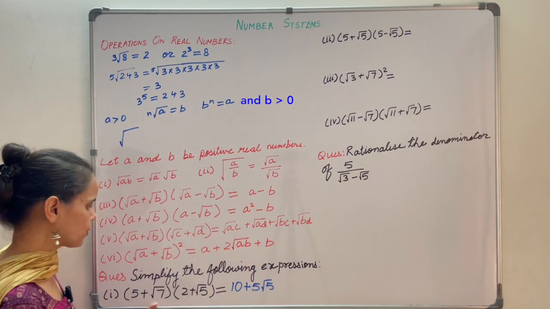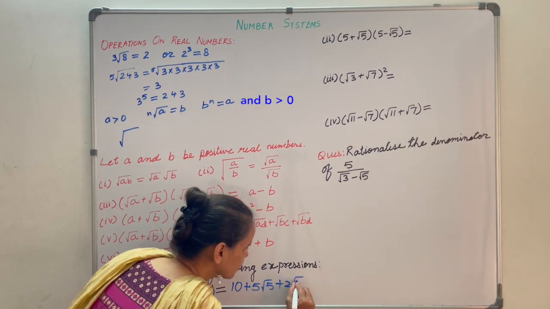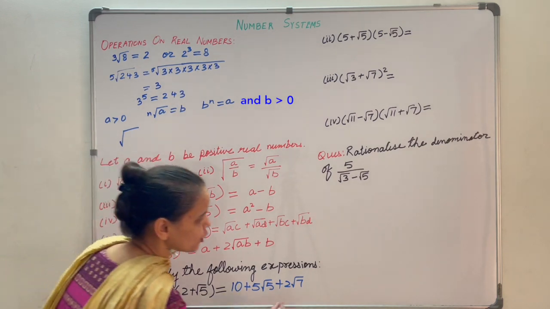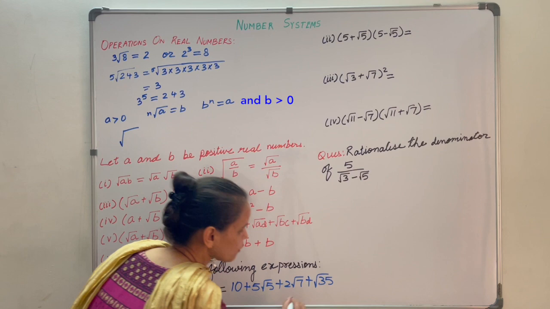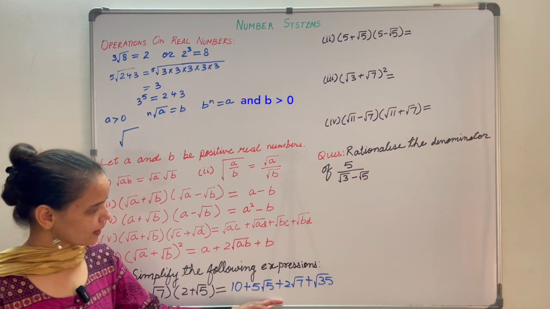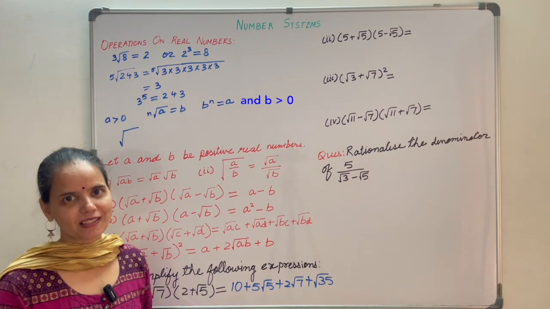Then you will multiply root 7 to 2, so you will get 2 root 7. Then you have to multiply root 7 to root 5, so you will get square root of 35, because 7 into 5 is 35. So you can see that you have written the answer as the sum of a rational number and an irrational number here.